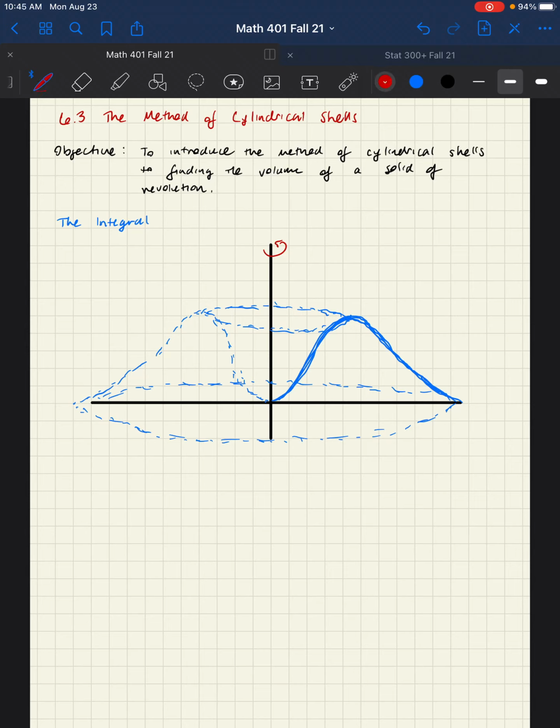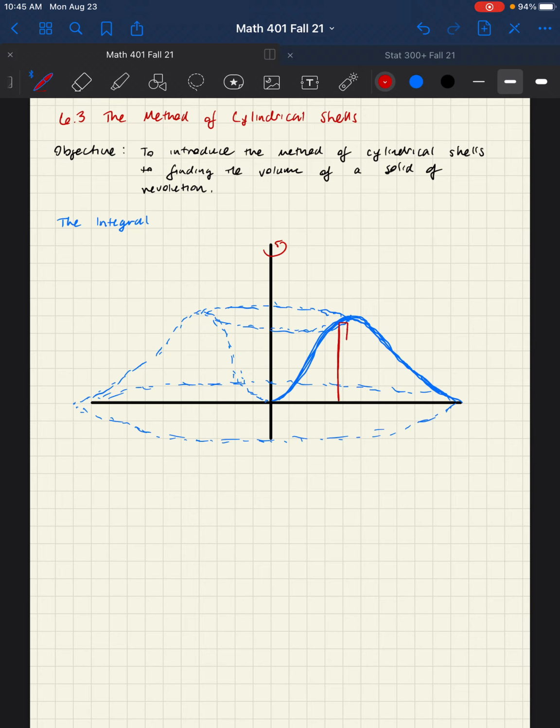The strategy here is we're going to build up this volume not by taking these discs. Remember that with the disc method, what we would have done is take these horizontal rings and build up the volume that way.